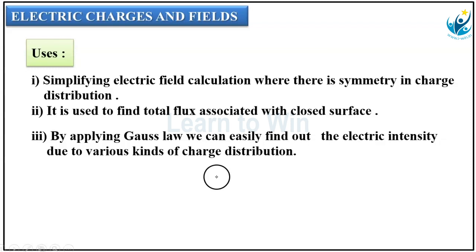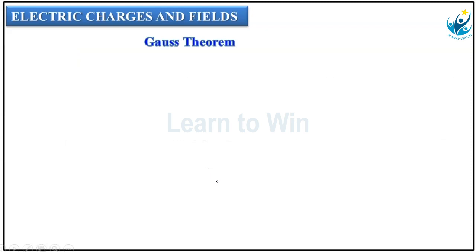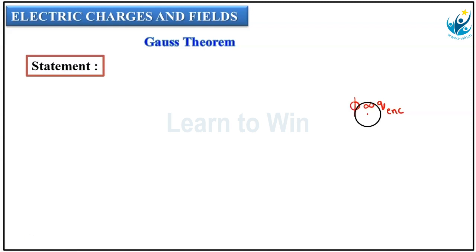Now, what is the Gauss theorem statement? The total electric flux linked with a closed surface is directly proportional to the charge enclosed in that surface.